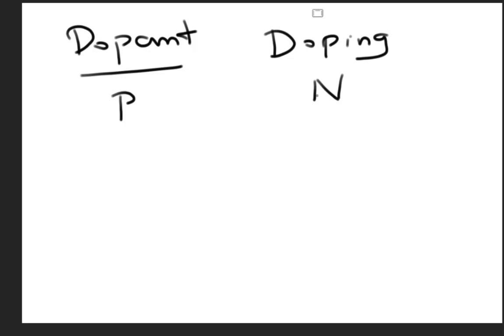If the dopant has excess electrons negatively charged, then the semiconductor material will have excess electrons and is likewise negatively charged and called N-type semiconductor.